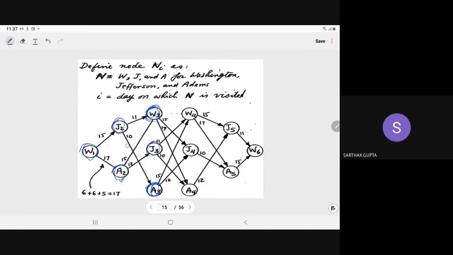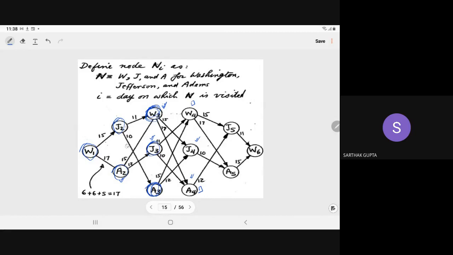Clear this part? If on the third day you have visited the Washington, then you have the choice to visit either the Jefferson or the Adams on the fourth day. If you have visited the Jefferson on the third day, then you have the choice of Washington and the Adams for the fourth day.